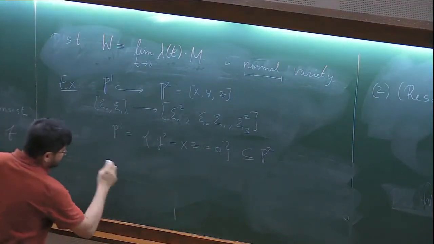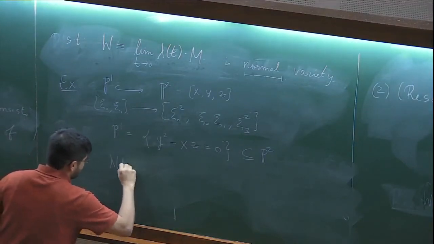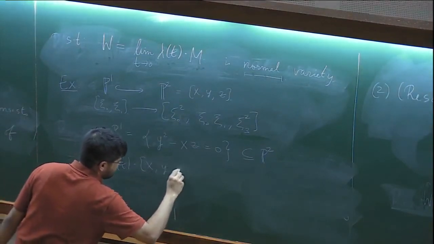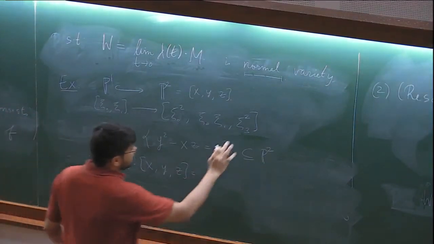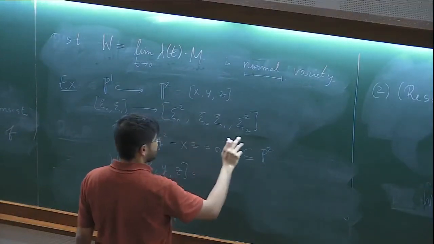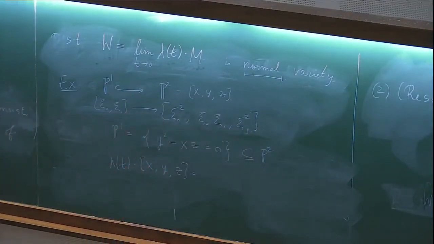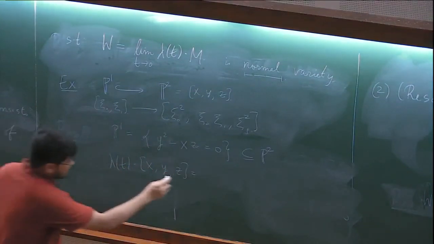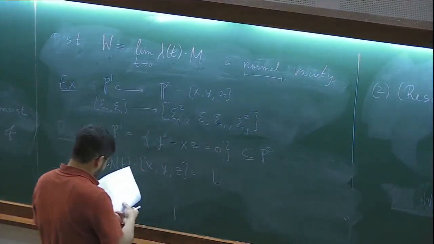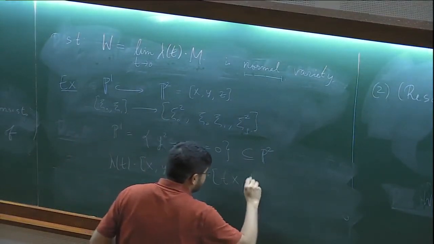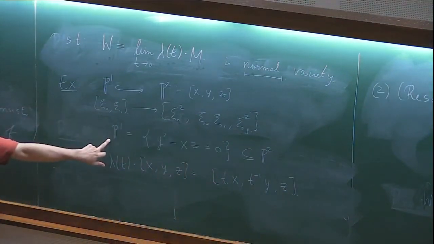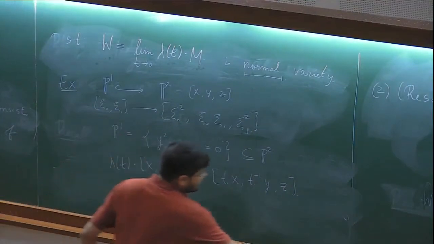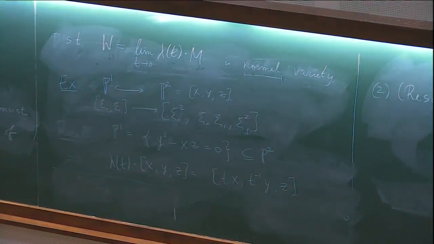Then one can take the following torus action. Okay, and see how it moves my P1. So what is the equation satisfied by the manifold at the t-th stage?